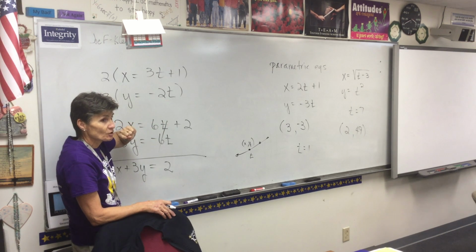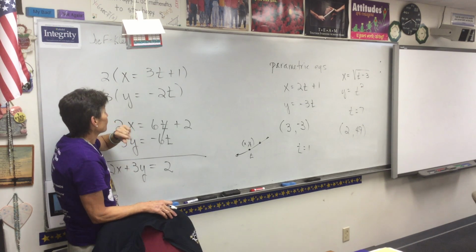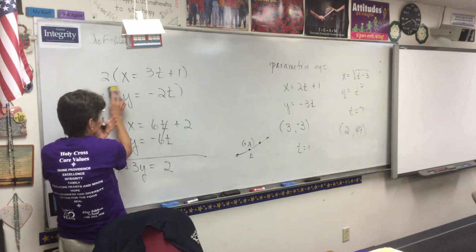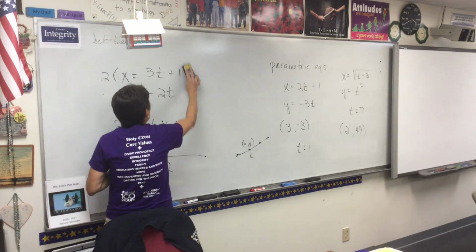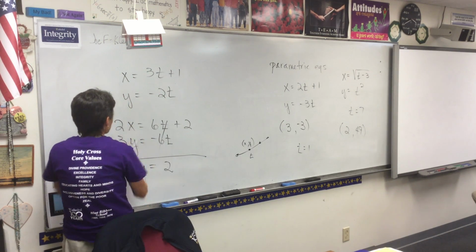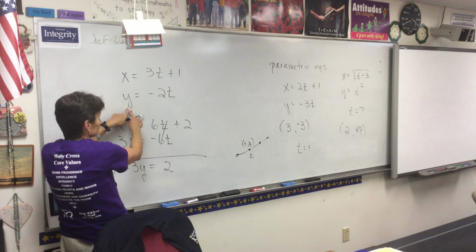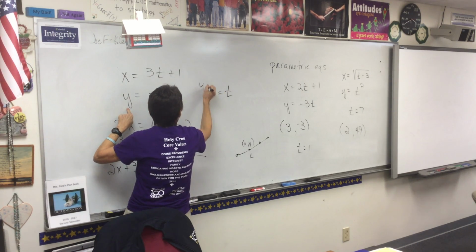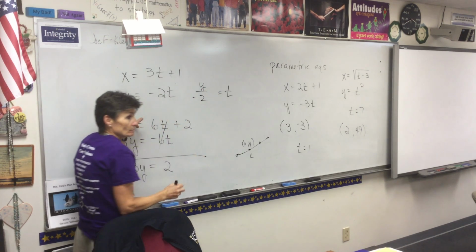Could I have done substitution? Oh yeah. So, for example, I love this plan, this is a great plan, but could I have taken this equation right here, and said t equals y over negative 2?